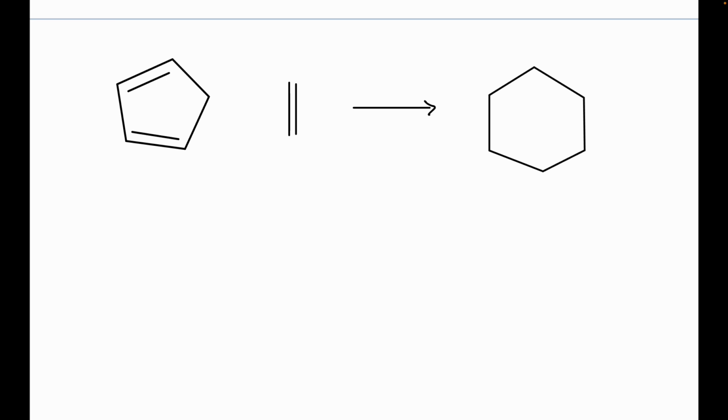These 1, 2, 3, 4 carbons about those conjugated pi bonds are going to be my 1, 2, 3, 4 carbons over here. I got my 2 carbons in my dienophile.